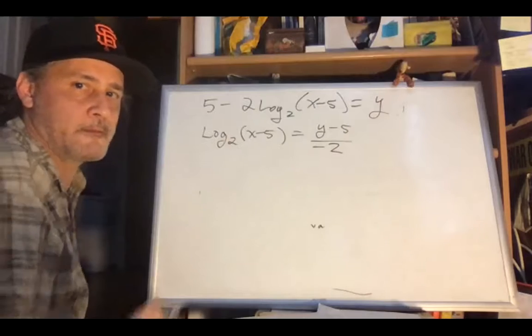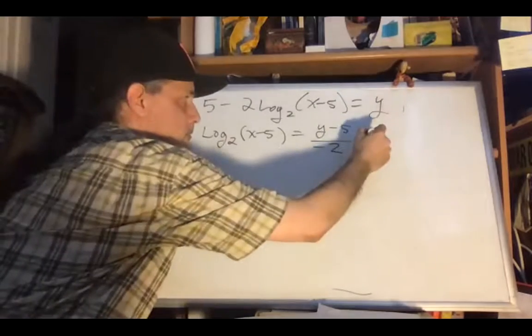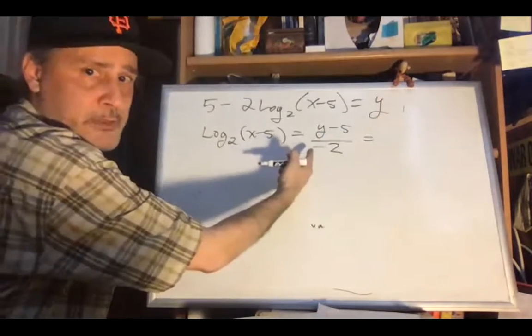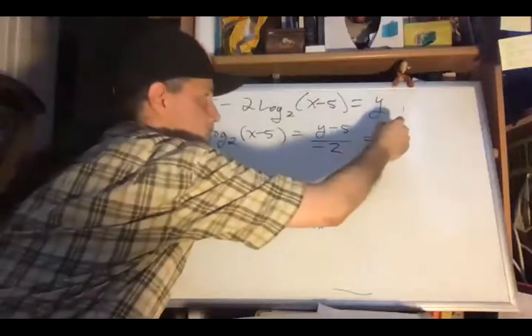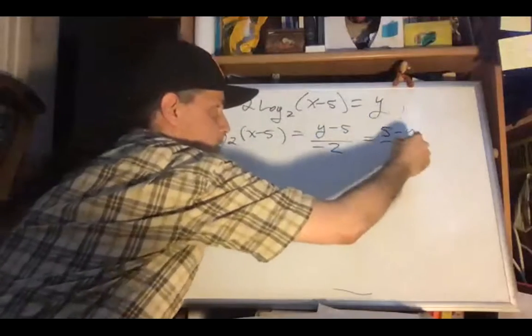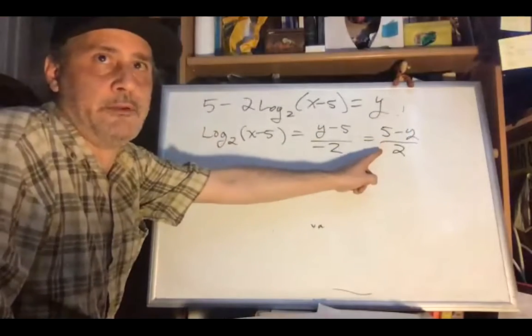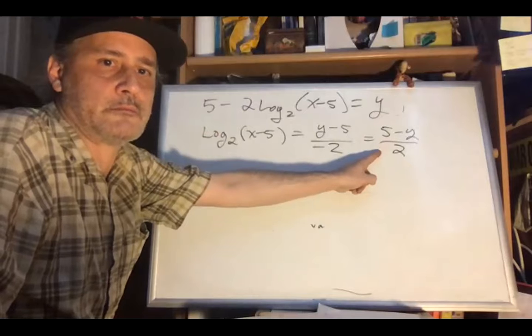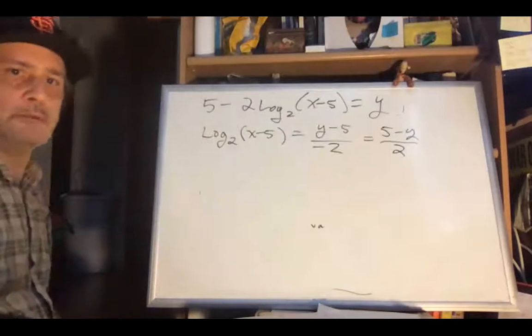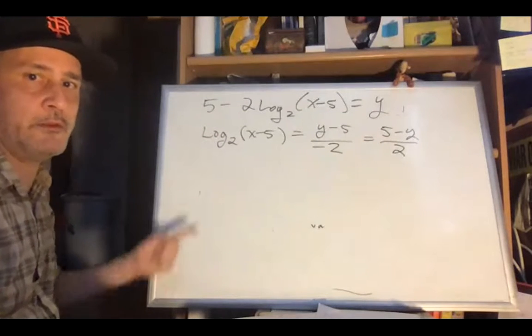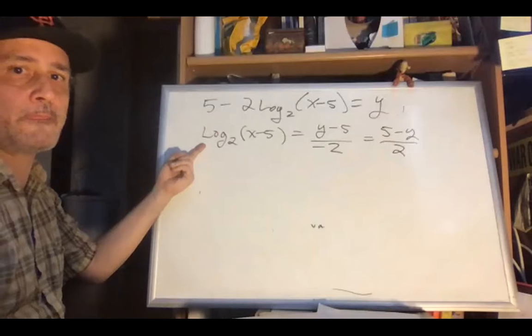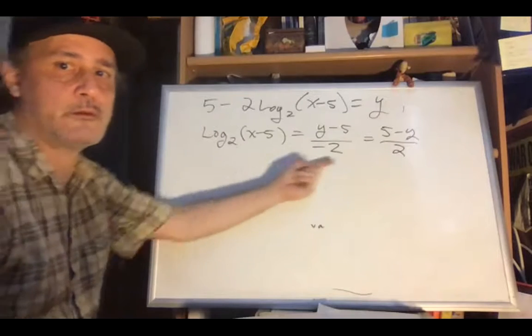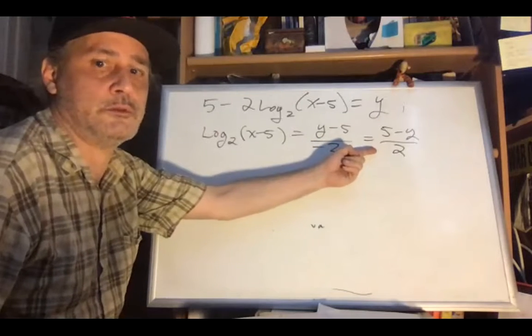Now you could also, instead of making it negative 2 on the bottom, just put the negative on top. I like to get into the habit of not having a negative denominator. It just makes things a little less demanding in the long run. Okay, so now we have our log equal to an expression.